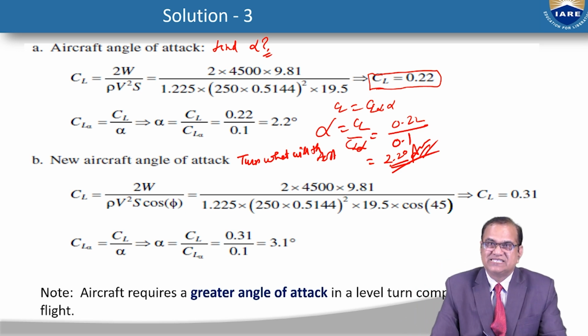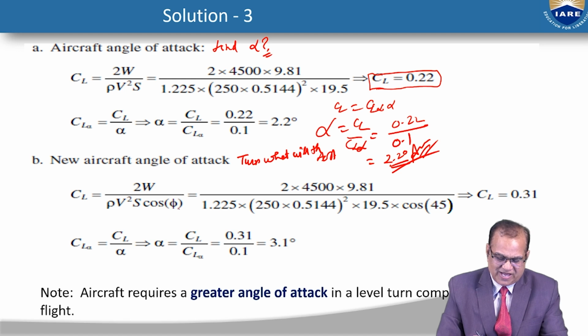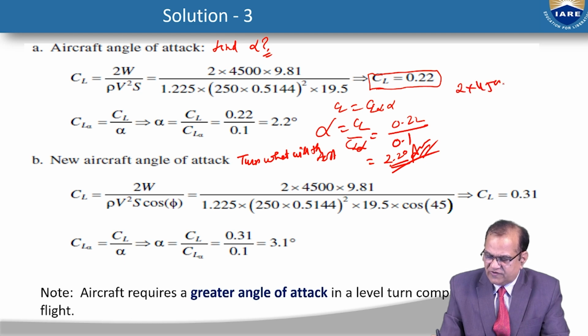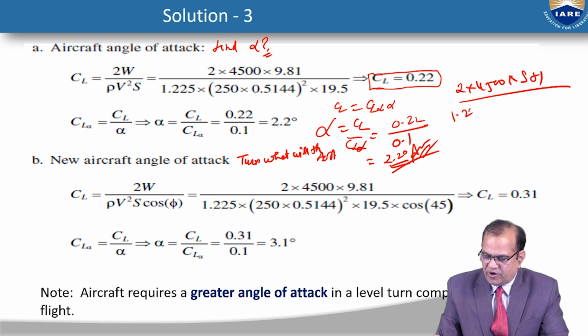So now CL is equal to 2W by rho V square S cos phi. So 2 into 4500 into 9.81 g, divided by rho 1.225 into 250 knots into 0.5144, V square, into S equal to 19.5, and cos of 45.